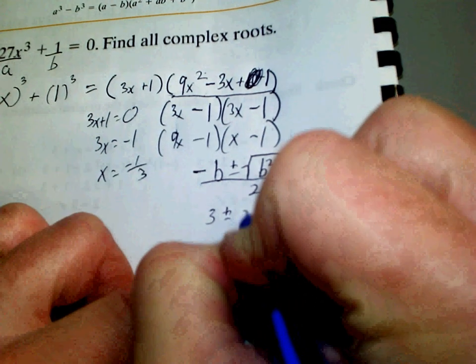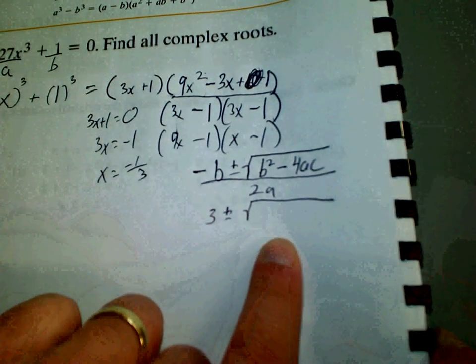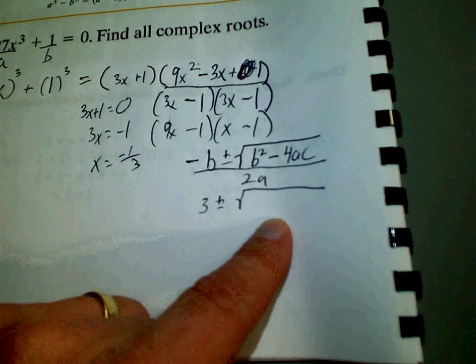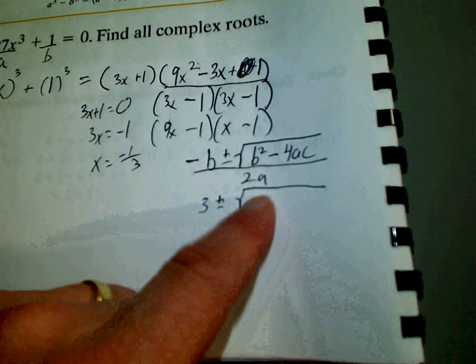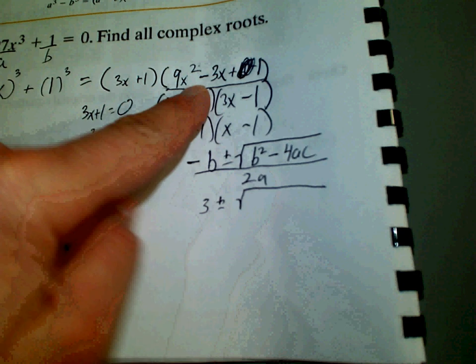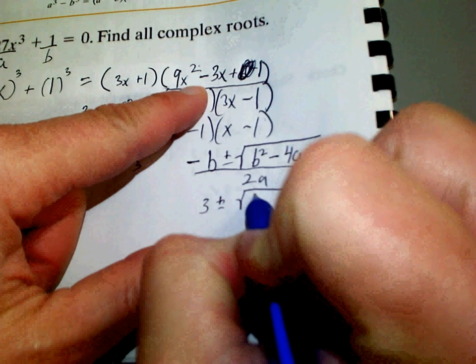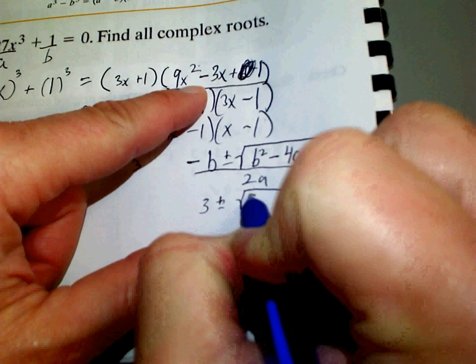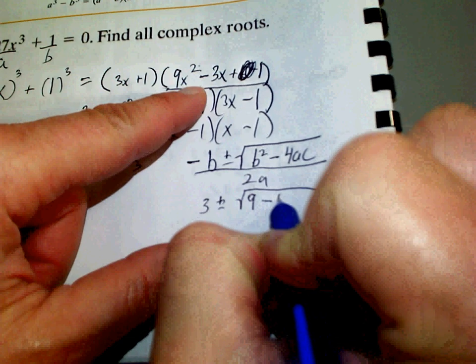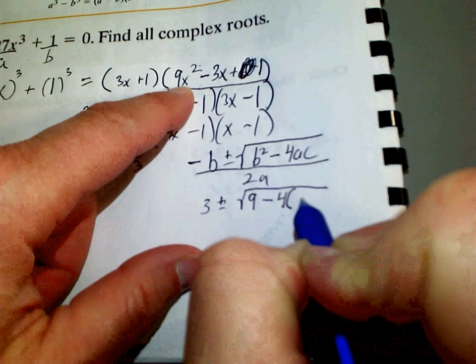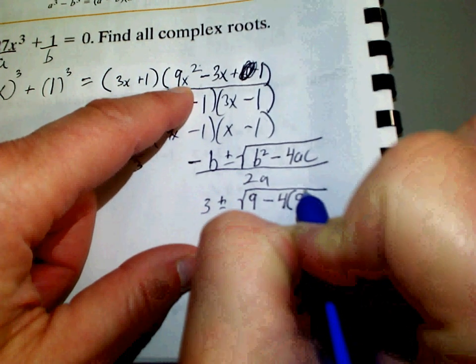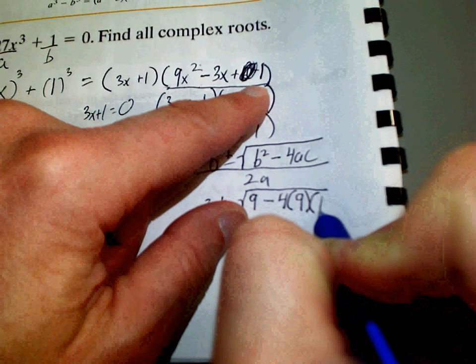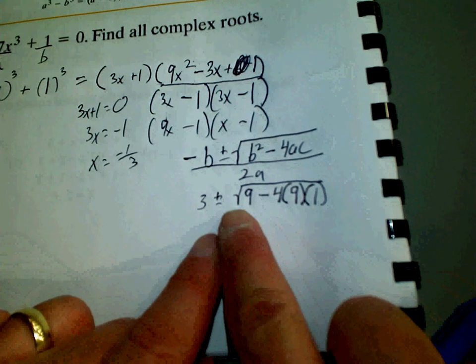Here's the discriminant. Remember that number inside the radical sign is called the discriminant. B squared is going to give me the value of 9 minus 4 times a is 9, c is 1. There, look at there, we're going to have 9 minus 36. That tells me that's negative, isn't it?